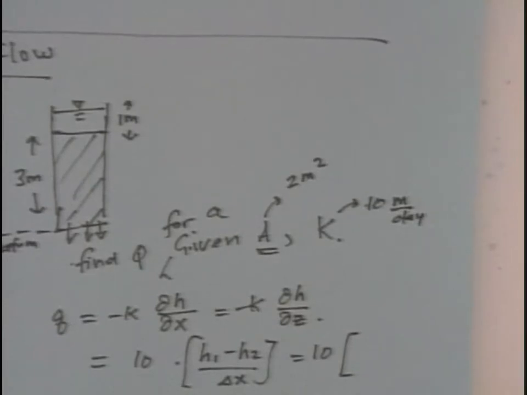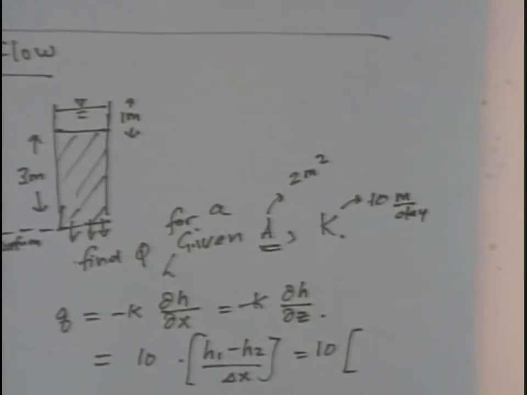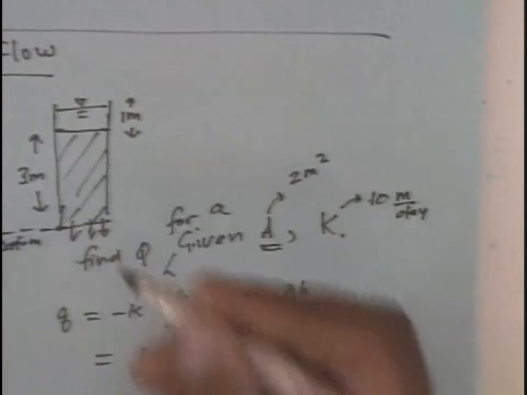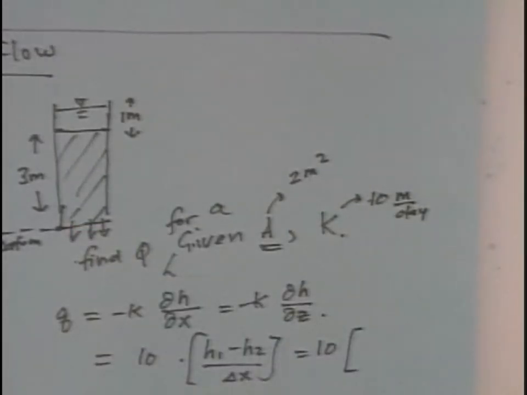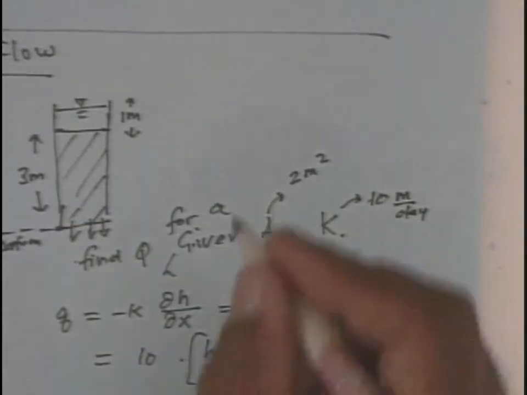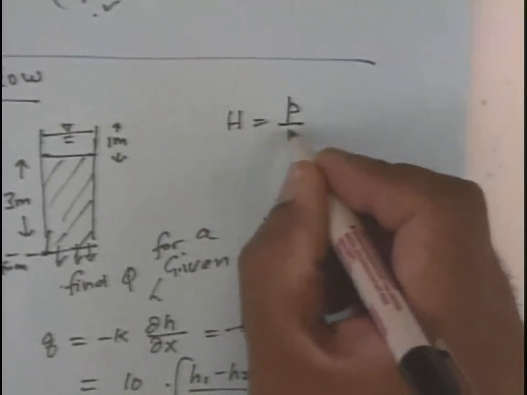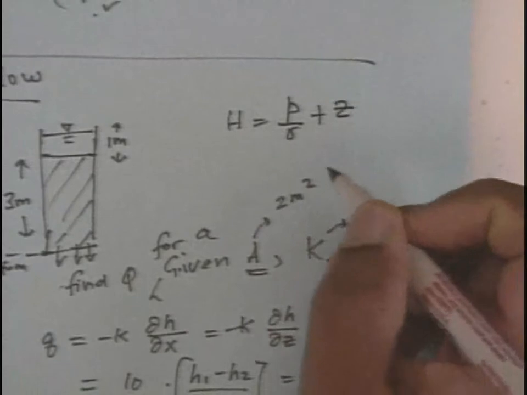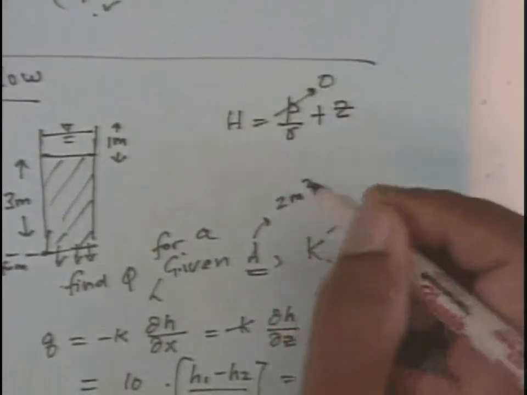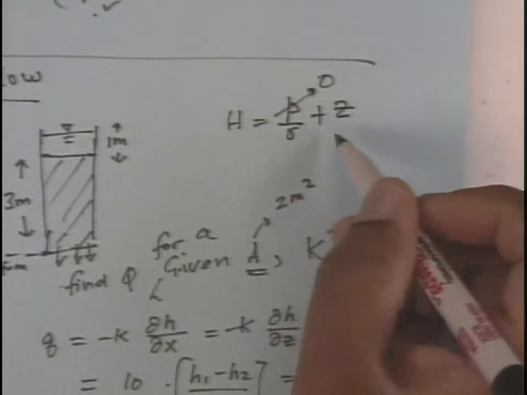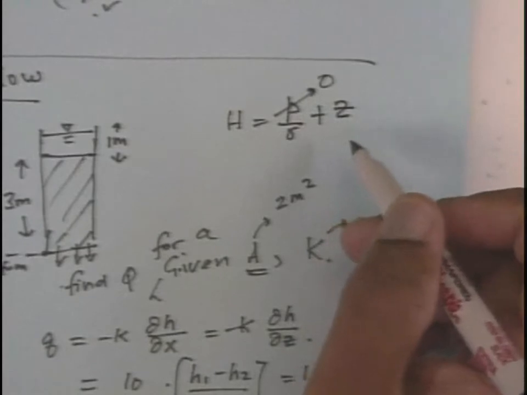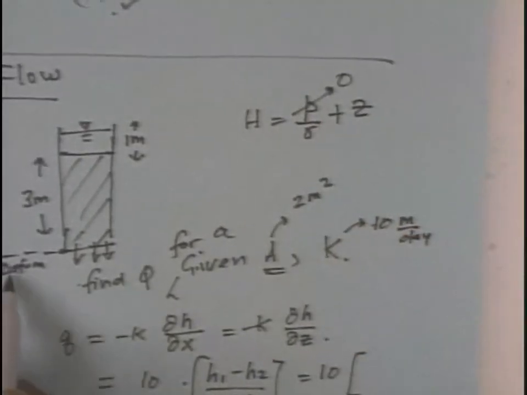What's the pressure there? Pressure is 0. So what is the definition of head? H equals P by gamma plus Z. P equal to 0, Z equal to what? I assume the datum here.